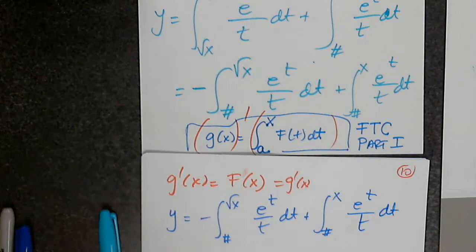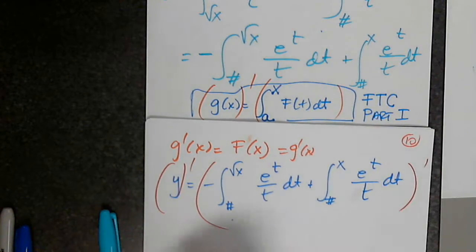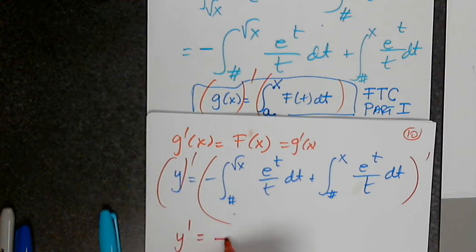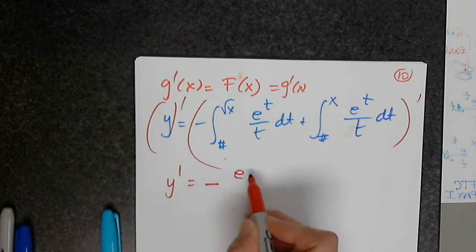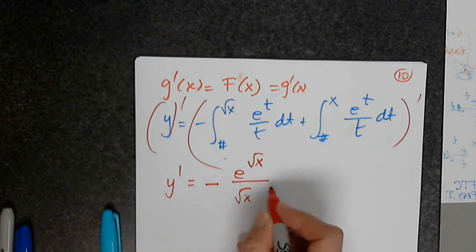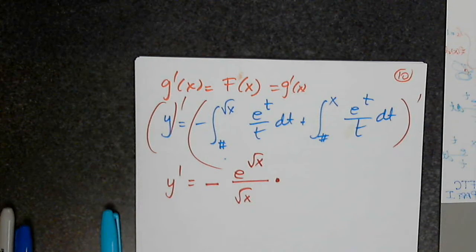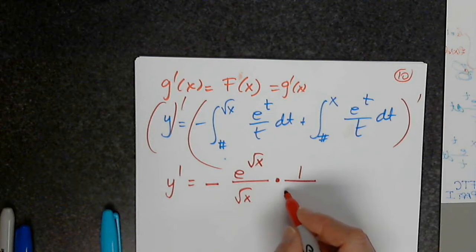So y prime equals, negative in front, negative e to the square root of x over square root of x, times 1 over 2 square root of x.